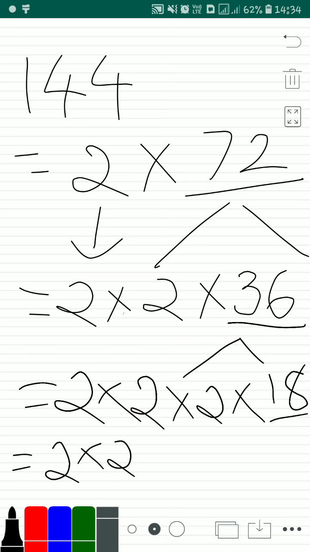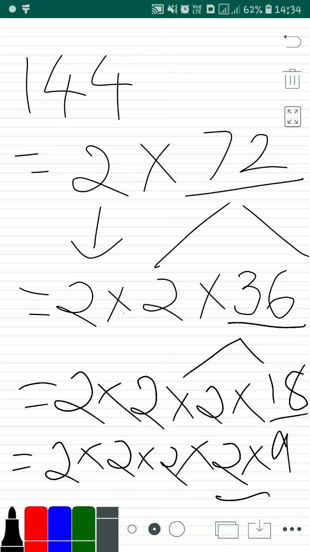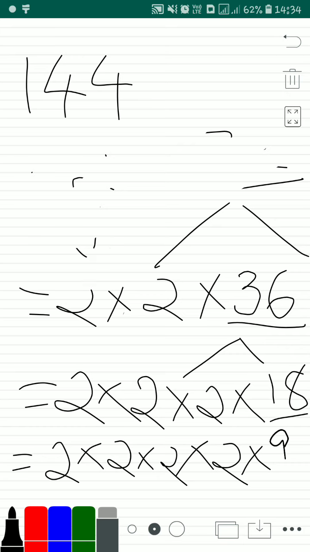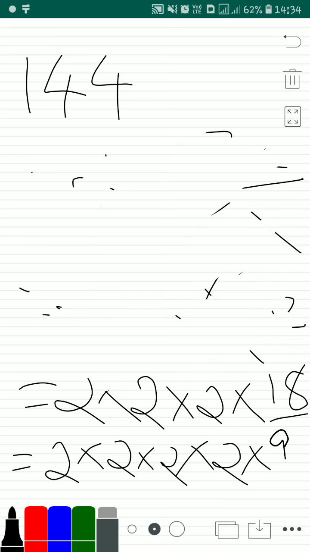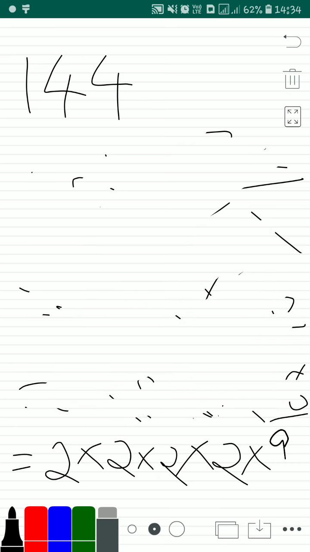So 2 into 2 into 2 into 2 into 9 is going to give you 18. Now, since I don't have space, I'm going to erase this part and continue. The next step is going to be splitting 9.